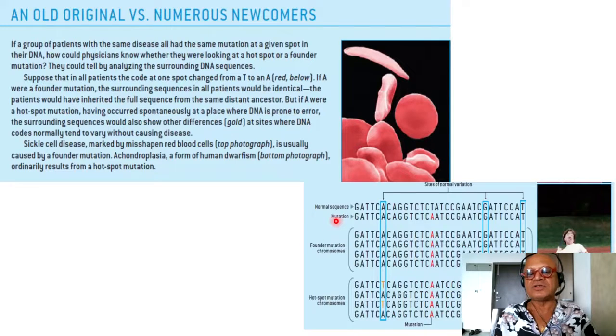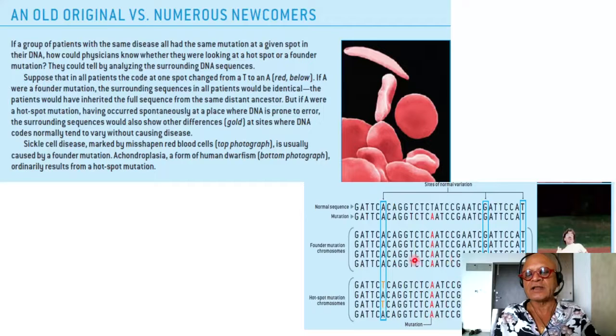You have a normal sequence and a mutation, and you can see that a mutation happened here that can be what is called a hotspot mutation chromosome, or you can have a founder mutation where in the normal sequence one of the T's got replaced with an A as a mutation, and then that gets carried forward.